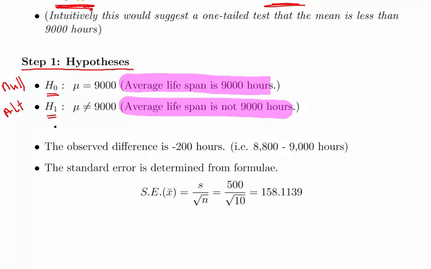Now the next part is the standard error, and this is not actually related to the hypotheses at all. What we're going to do is set ourselves up to find the test statistic. The observed difference is minus 200 hours. That's 8,800 hours minus 9,000 hours.